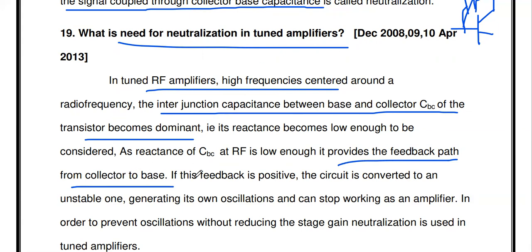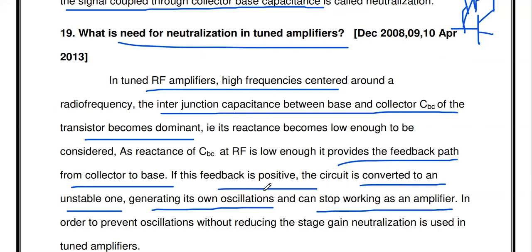So between output and input, a positive feedback is provided, and the circuit is converted into an unstable one. If a circuit has positive feedback, it is said to be an oscillator. It generates its own oscillation and stops working as an amplifier. This is called instability.